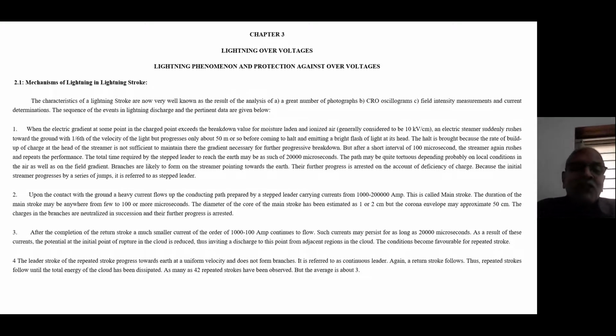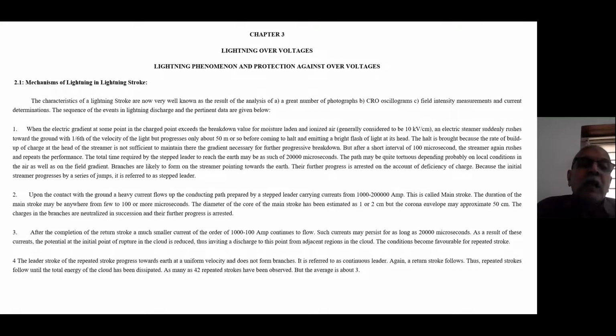Once the stepped leader is there, it is a continuous leader and the path is paved. So if the voltage gradient remains, repeated strokes can occur. 3 repeated strokes have been observed. There are many laboratories all over the world measuring the voltage of lightning, the current of lightning, and also the number of repeated strokes.